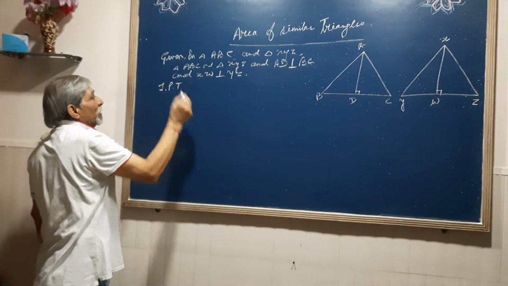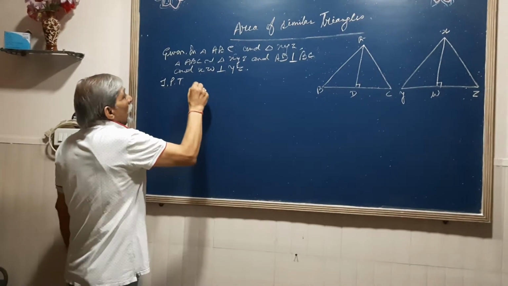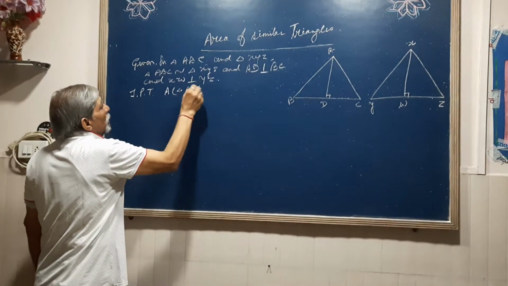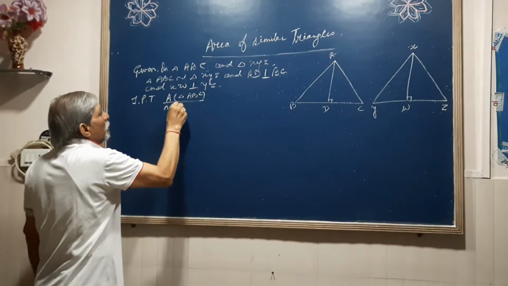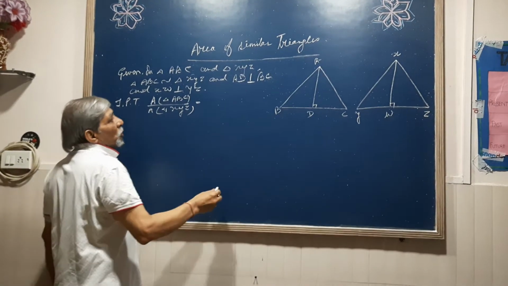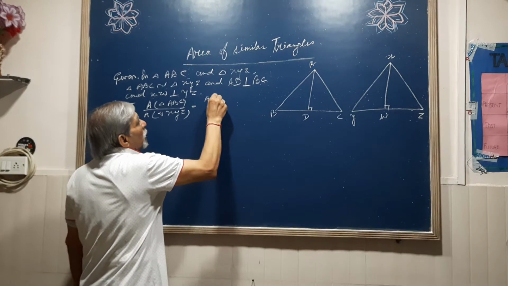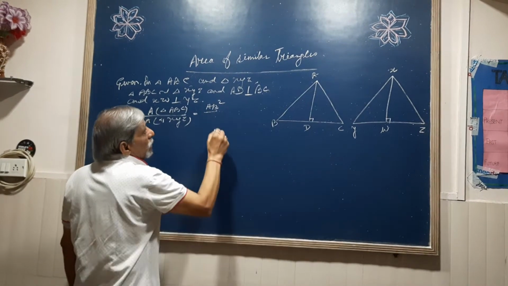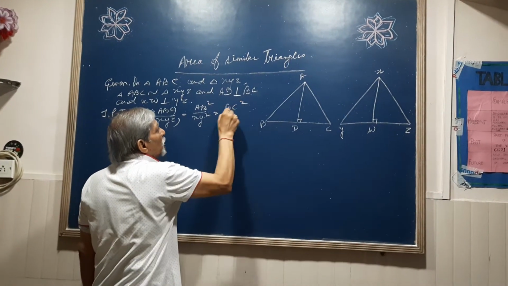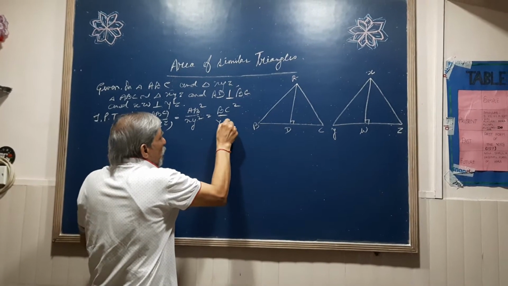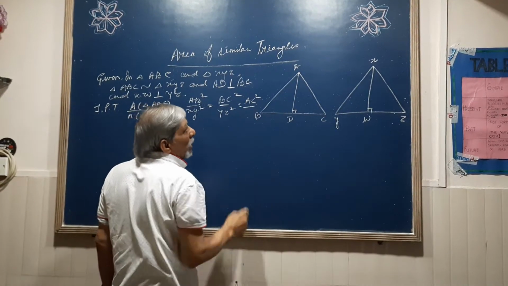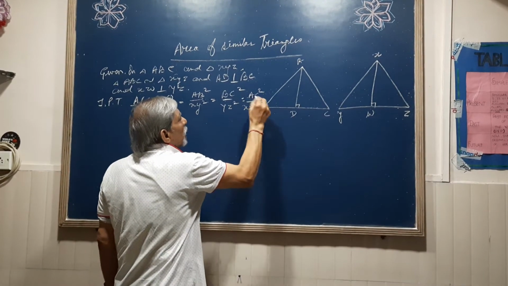To prove that area of triangle ABC upon area of triangle XYZ is equal to AB square upon XY square is equal to BC square upon YZ square is equal to AC square upon XZ square.